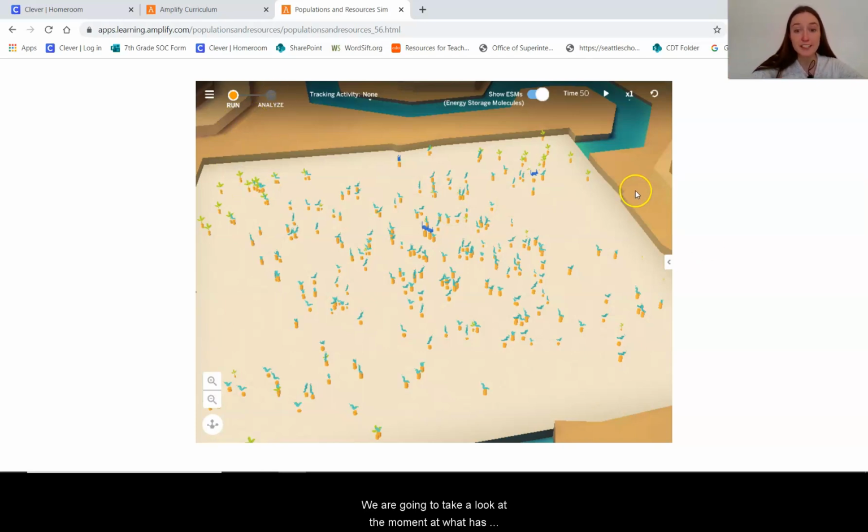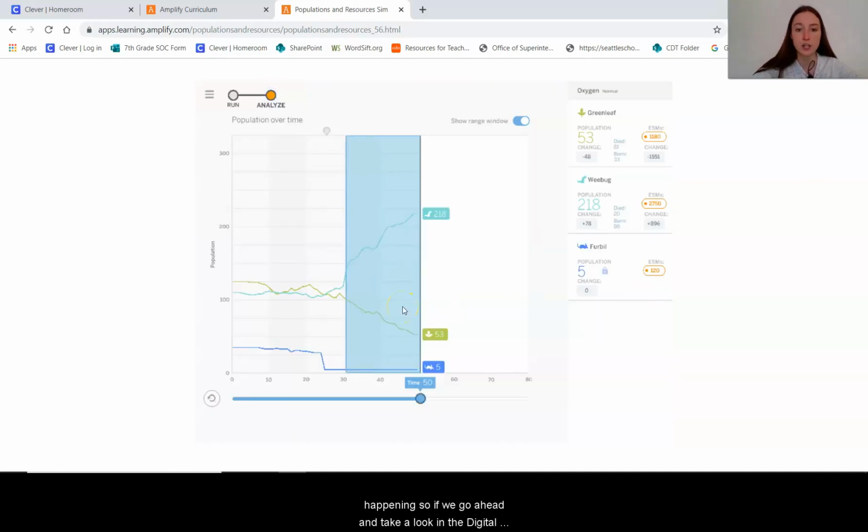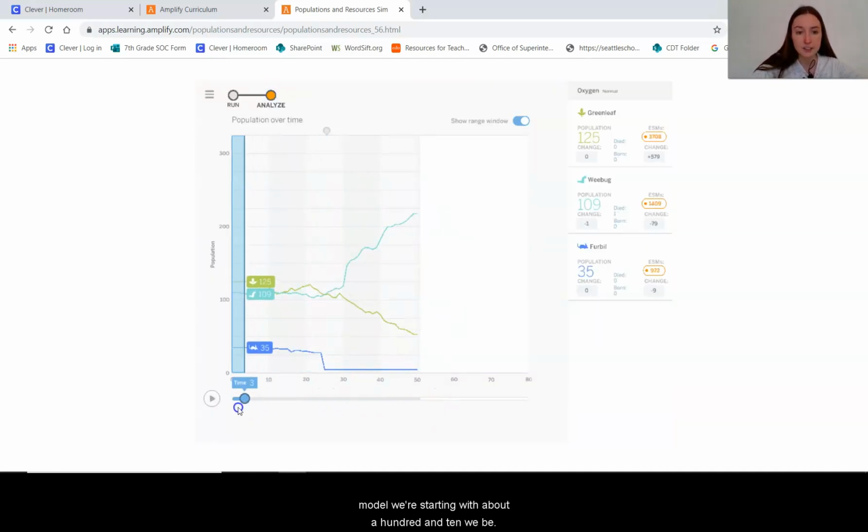So we are going to take a look at the moment at what has happened to the weebugs. Remember, our focus question is, can we affect the number of deaths that are happening? So if we go ahead and take a look in the digital model, we're starting with about 110 weebugs.